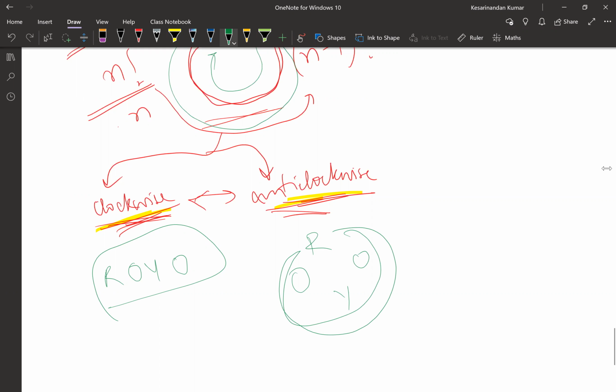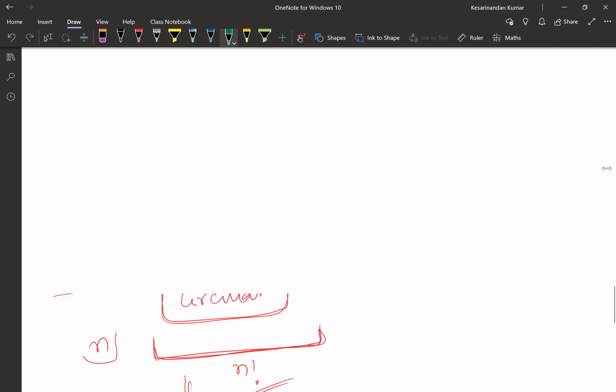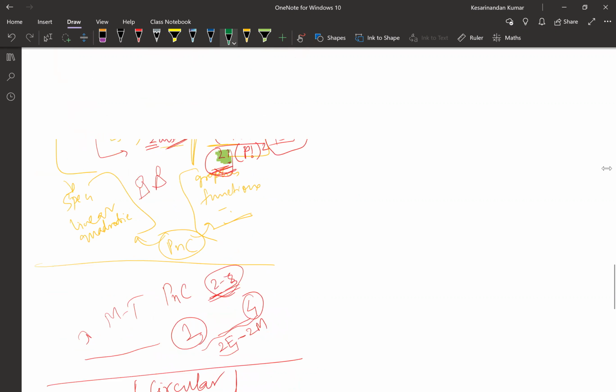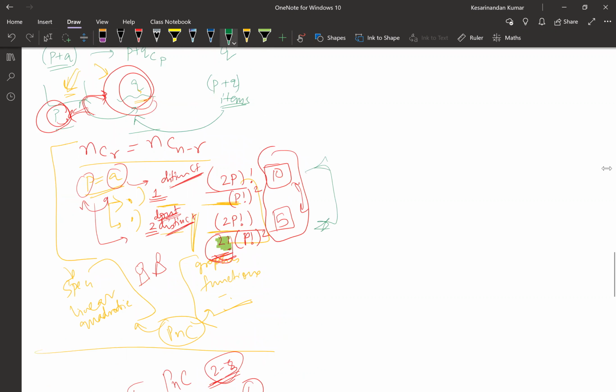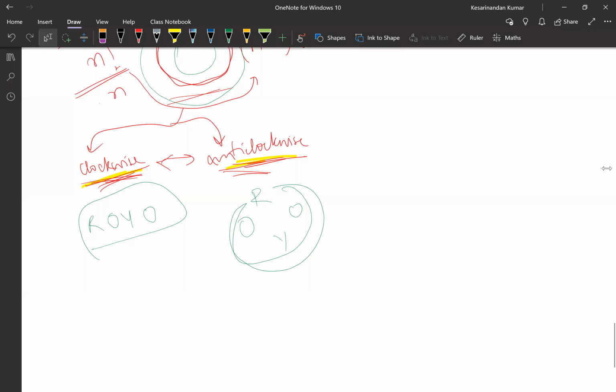So am I getting repetition of cases? Yes, I am. Hence, I will be using a division by 2. So if your clockwise and anti-clockwise have no difference, your formula will see a modification like this. Is it clear now, everyone?